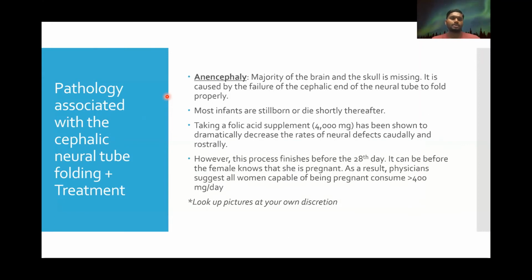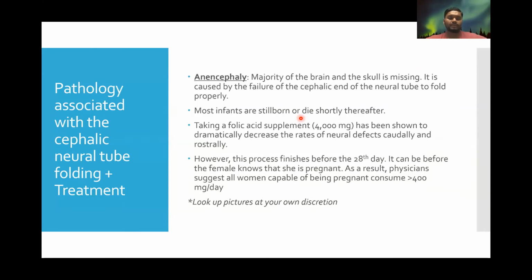Anencephaly is a very devastating pathology because the majority of the brain, the cerebral cortex, and the majority of the skull vault is going to be missing, caused by the failure of the cephalic end of the neural tube to fold properly. And as you can probably guess, most infants are stillborn.